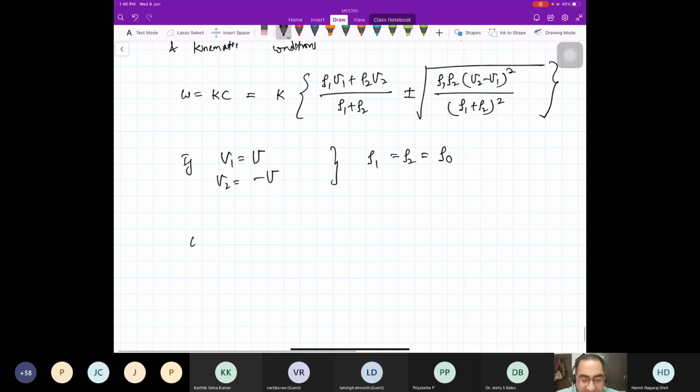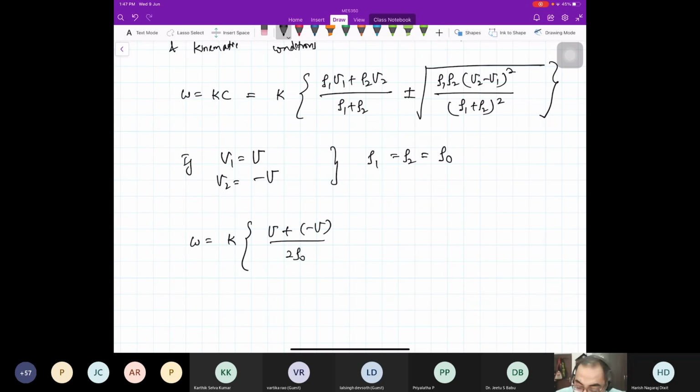Omega is k times, let's substitute. Rho1 and rho2 are the same, so in the numerator rho1 and rho2 become rho naught, and in the denominator I get 2 rho naught. So I get u plus minus u divided by 2 rho naught.